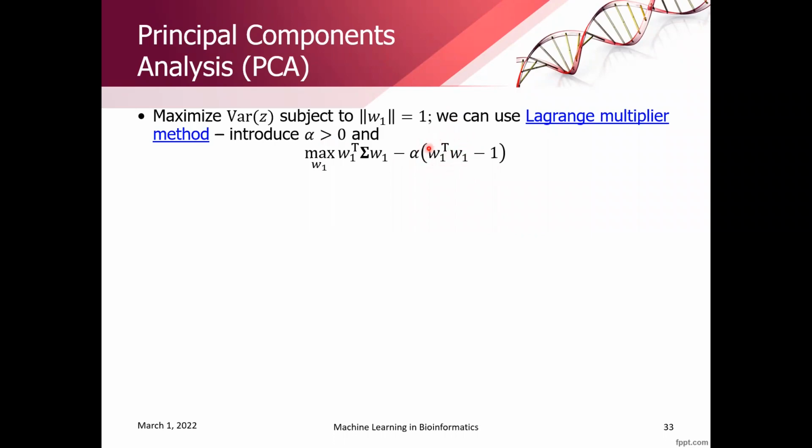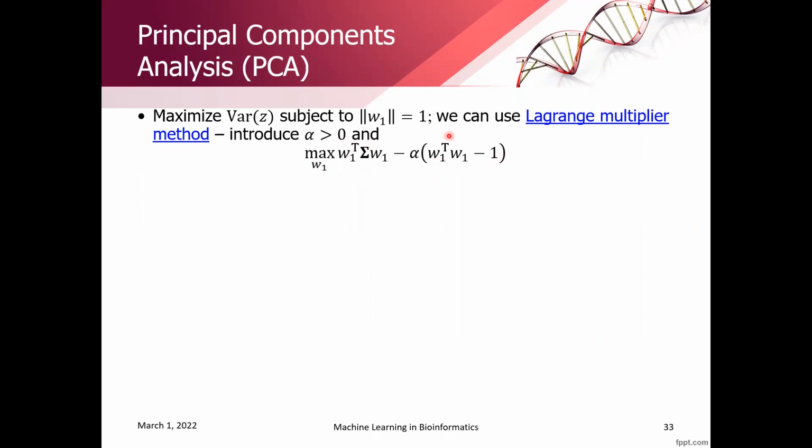What is this? It is the norm squared. Norm of vector W sub 1 squared minus 1. But why minus 1? Because if this parenthesis results in 0, then when it is multiplied by alpha, this will not change the maximal value of the first term.